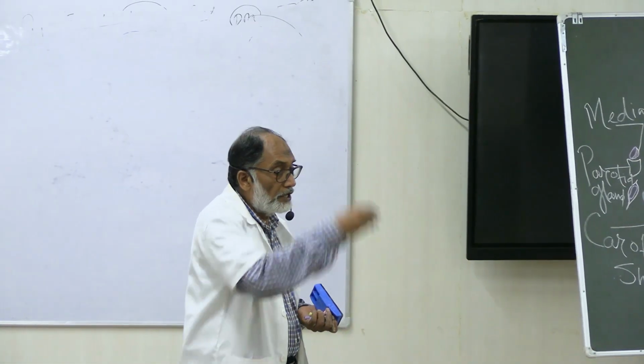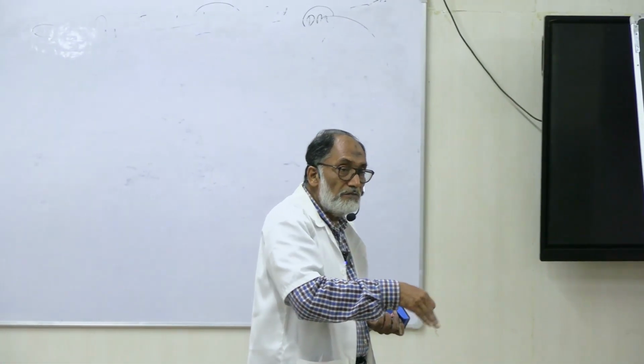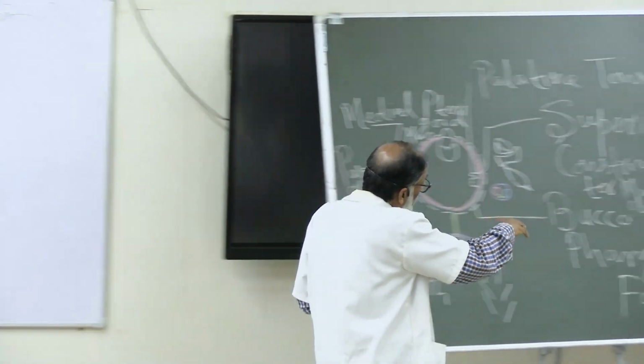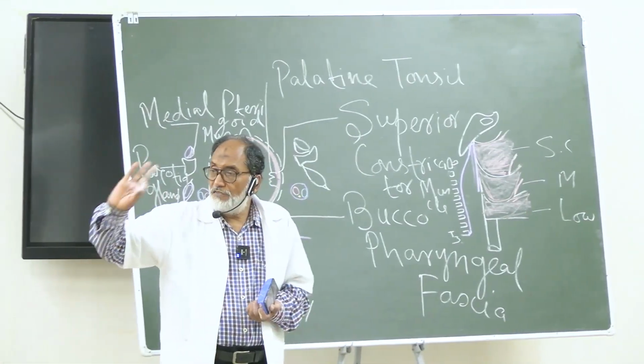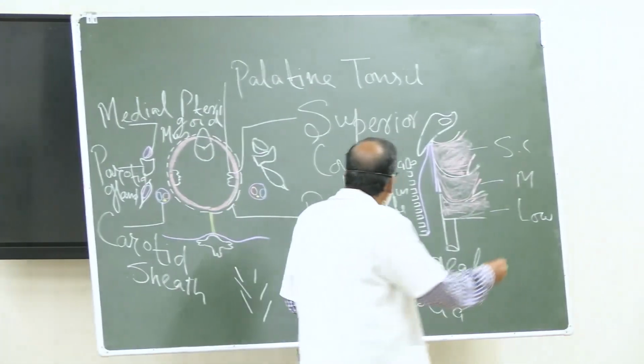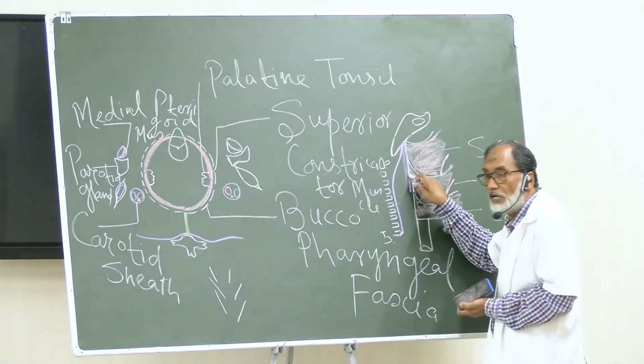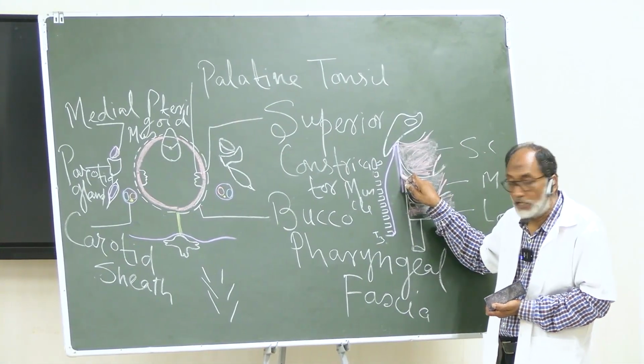Right? So the lower extension limit is the third thoracic vertebra, and it has divided into two. Anteriorly this part of the prevertebral fascia is known as alar fascia.